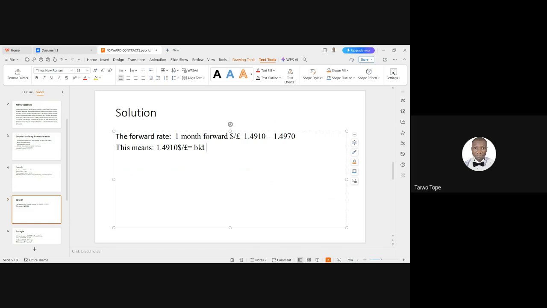That is, the bank buys pounds and gives dollars. That is the interpretation. And it can also be in this form, that is, when the bank is selling, 1.4970.